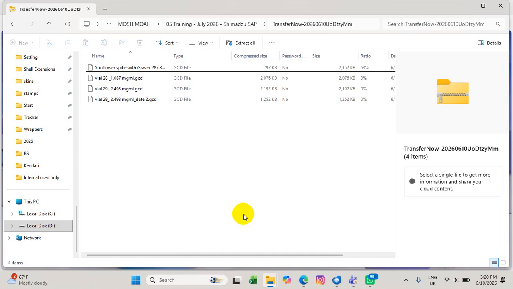Concentration was 1.8.7. The MOSH percentage just the same, 70. But you could even use your own result if you are confident with that.